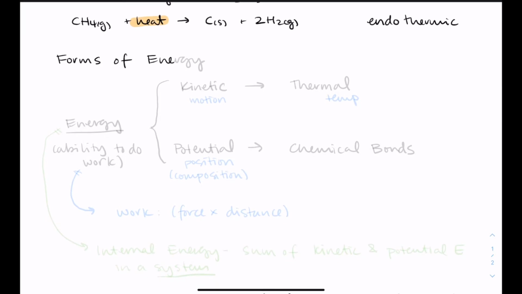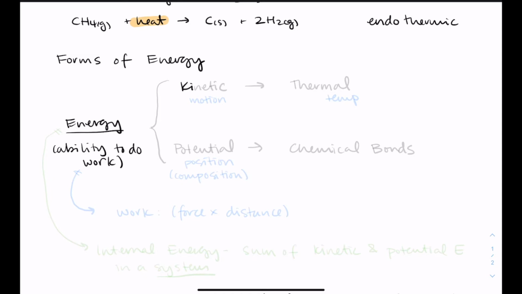So we know of energy as the ability to do work. We also know that total energy is broken down into kinetic energy and potential energy. Kinetic energy is the energy due to motion, and we've used 1/2 mv squared in Gen Chem already.